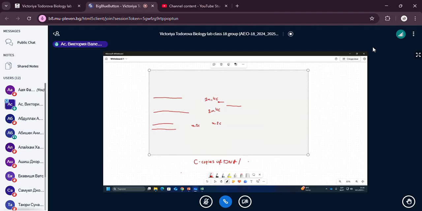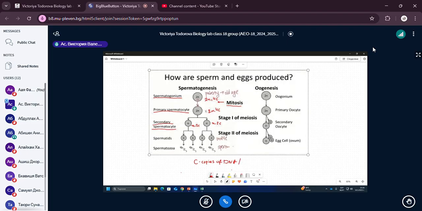Actually, this C means sister chromatid. So the number of this C means how many sister chromatids there are inside. And this secondary spermatocyte forms spermatids. You can see how these cells look. And this is the end of the second meiotic division.